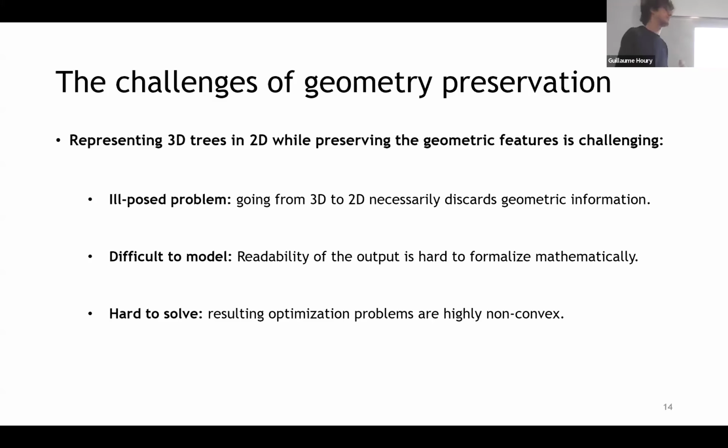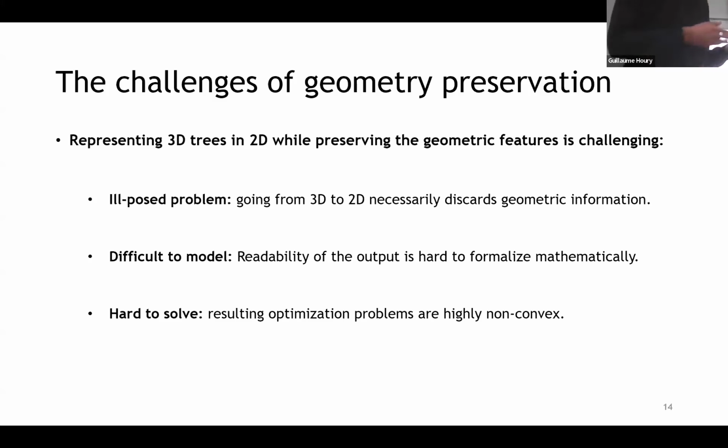And finally, because of these intersection-free constraints, even though we can design some optimization formulation for this problem, it will still be non-convex at the end of the day. So in order to find a satisfying solution, we'll have to rely on heuristics.